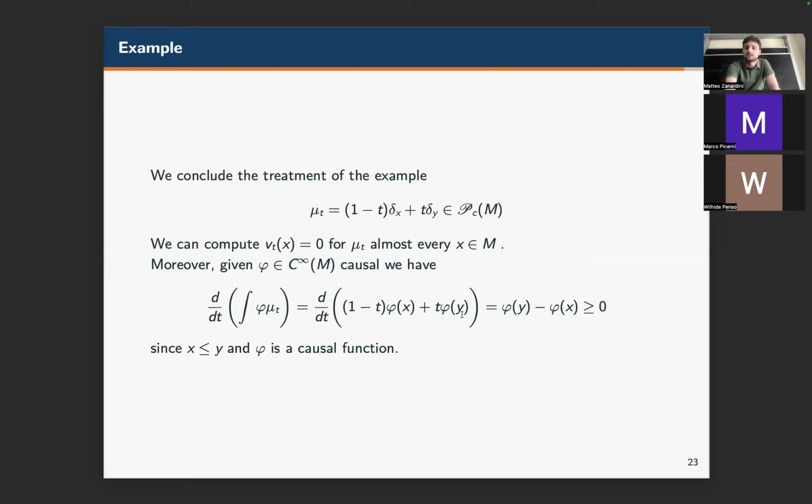You can take the derivative, and this is phi of y minus phi of x. This cannot always be 0. It is non-negative because phi was causal and x was in the causal past of y. So this inequality is true because of the set of functions in which you were taking the integral. This is the proof of the causal continuity inequality in this case.